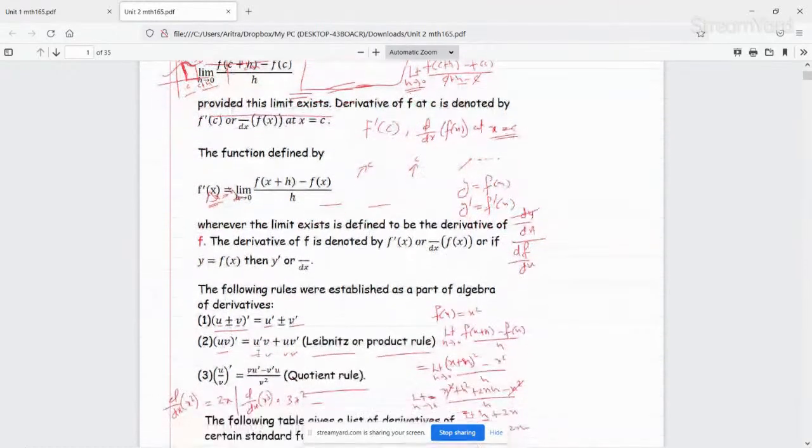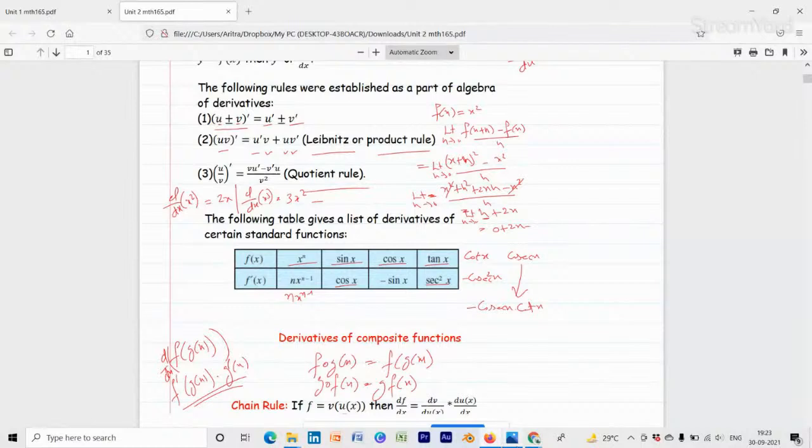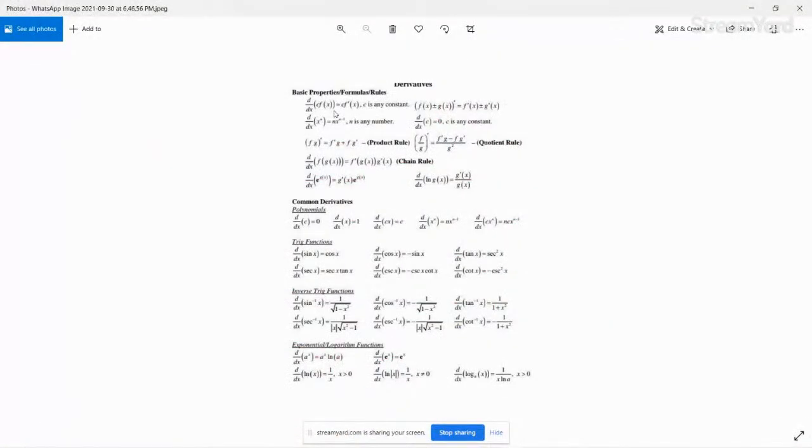Then we have to look at some of the rules. I'm showing you the basic properties, formulas and rules of how to solve any derivatives. If you are given a question like d by dx of c f of x, here c is a constant, and we never differentiate a constant that is multiplied with the function.